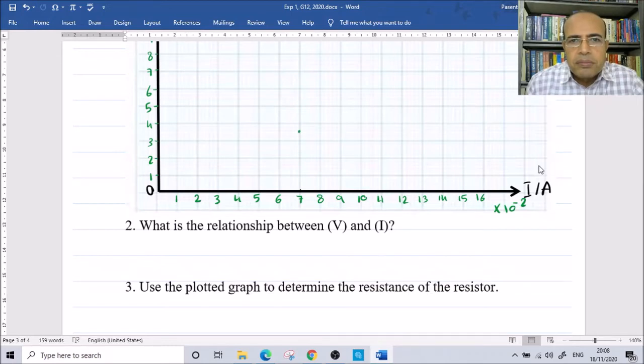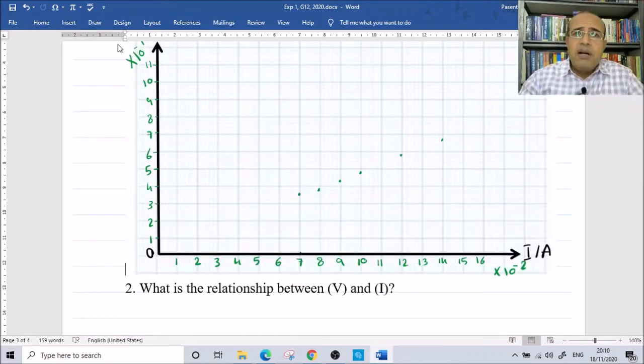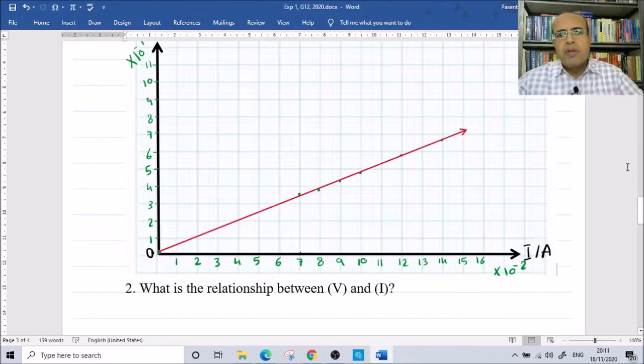Those are the points. Of course, when the voltage is 0, the current is also 0, so we have the point 0 and 0. Now we draw the line of best fit. It is a line passing in between the points, through most of the points.